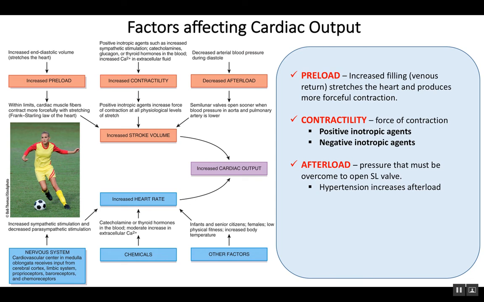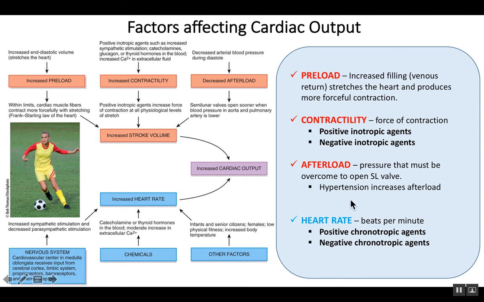Anything that affects heart rate we call a chronotropic agent. Chrono means time. So things that are positive chronotropic increase heart rate. Things that are negative chronotropic decrease heart rate. So again, heart rate is based on time, how many beats per minute, and therefore those would be chronotropic agents.